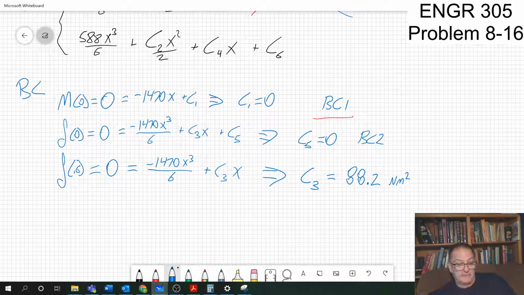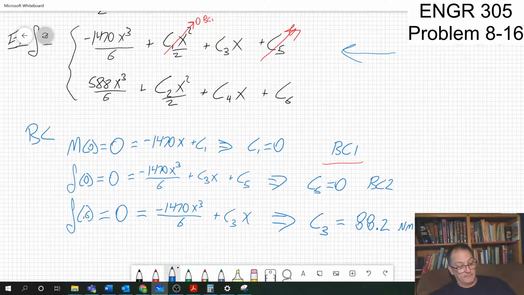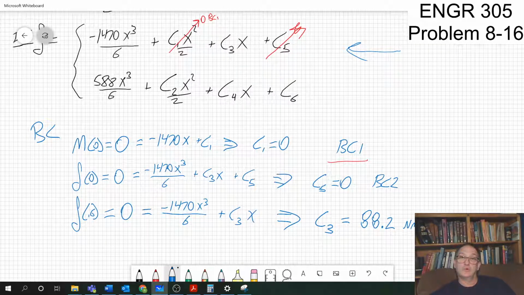So now I've got constants 1, 3, and 5 identified, and I'm ready to go forward. Am I ready to go forward? Sure. Let's keep going. I have to determine constants 2, 4, and 6.